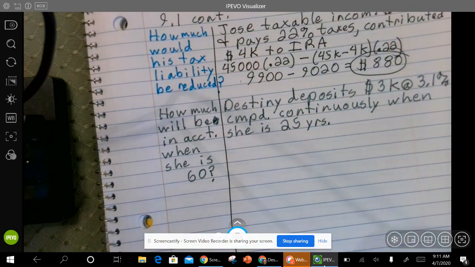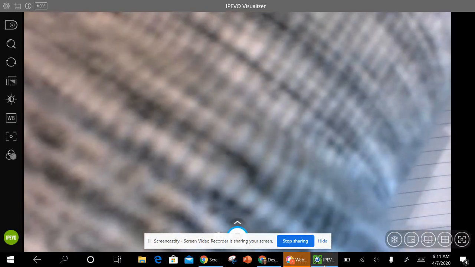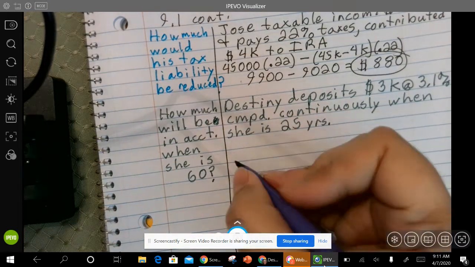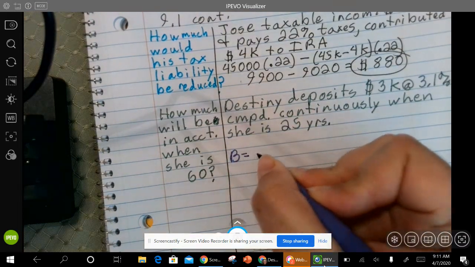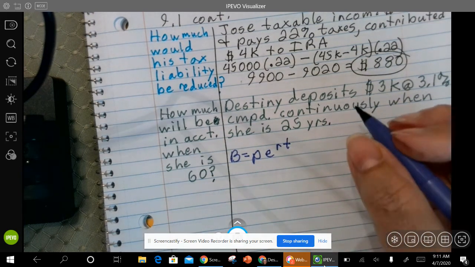Remember, everybody, this is our balance formula. Balance is equal to principal times e to the rt.